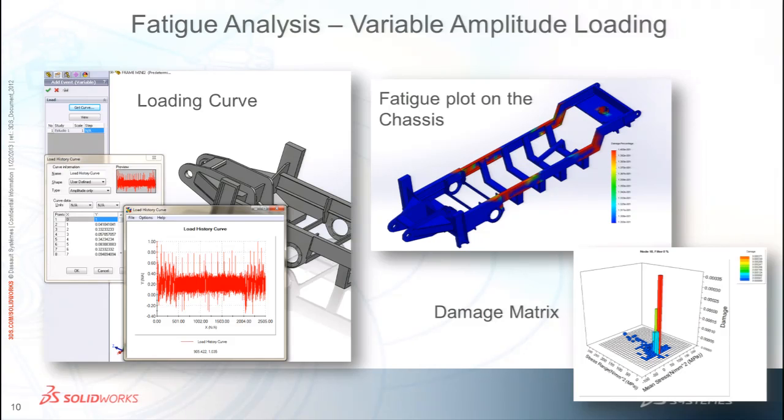So we have to, this is also under development, we have to implement accelerometers on the chassis in order to get this curve. When we get this curve, we can run this variable amplitude, and what we are seeing here in red are the most critical areas under the fatigue load.